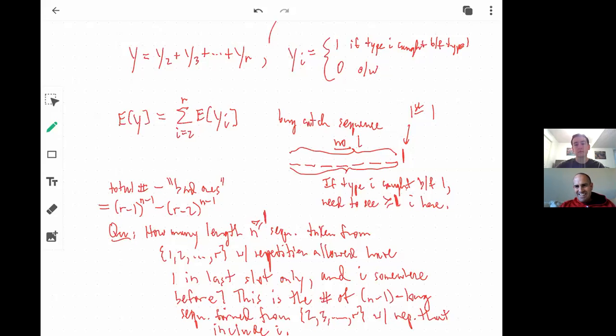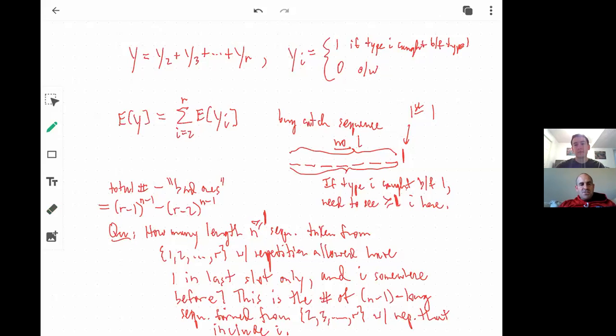Does that make sense? Because technically speaking, this experiment could go on forever. Yeah, you're going to keep going till you catch a bug of the first type or something. We got set up to do that before, because in the first part you said the answer was the geometric, right? Yeah.